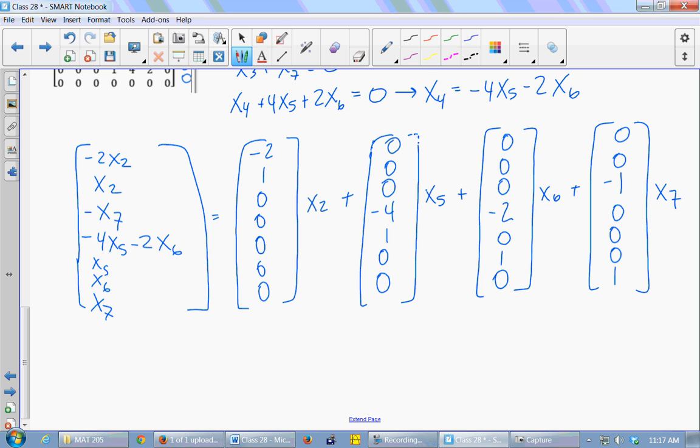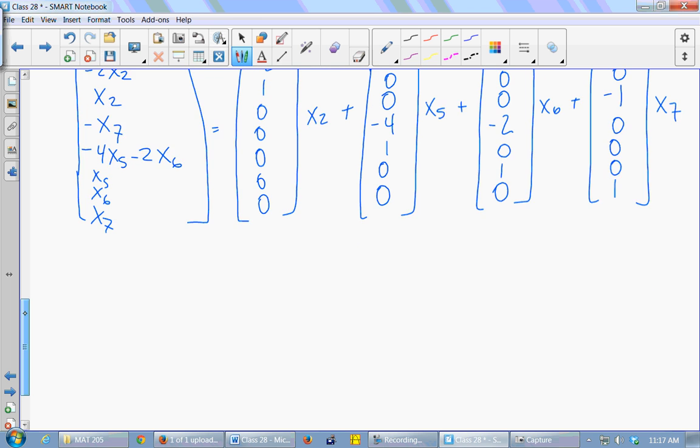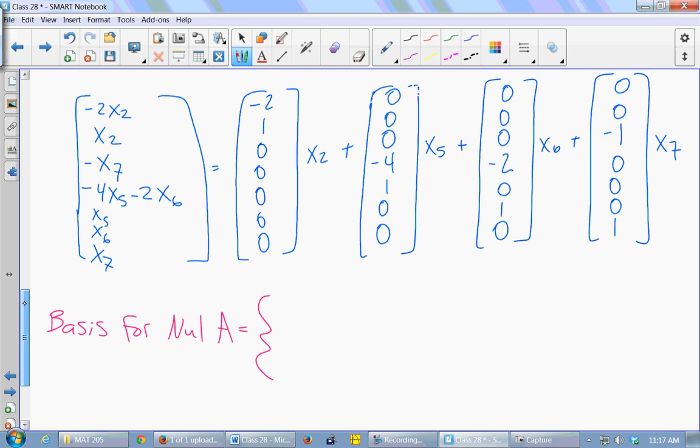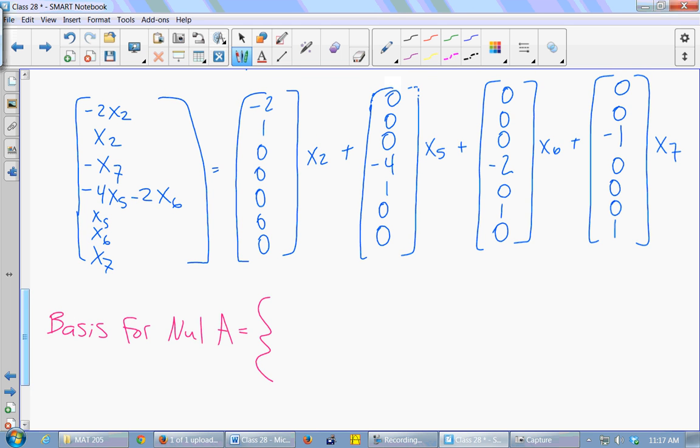When you do this procedure, they always come out linearly independent, and so they are a basis.